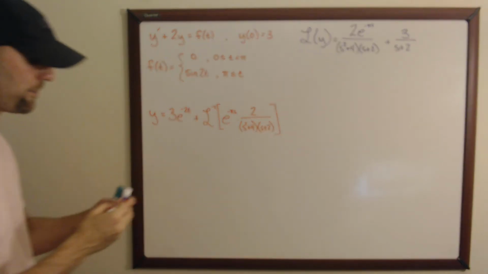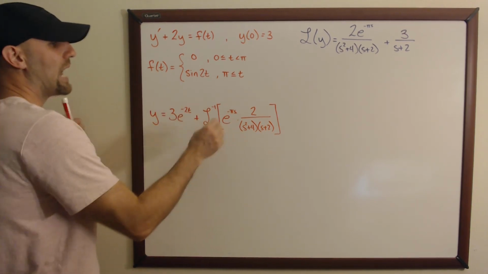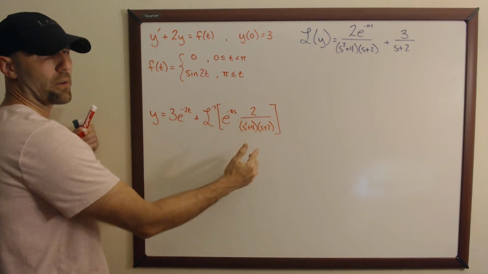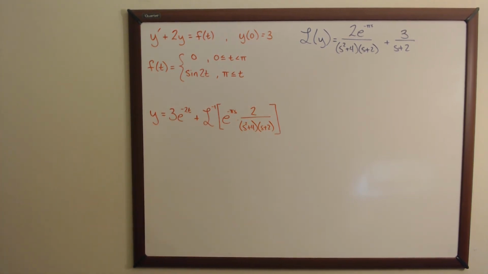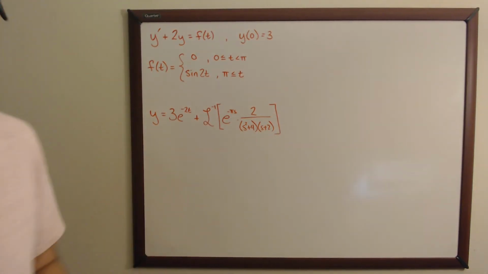Okay, now, for this, I need to use partial fraction decomposition to break this apart, right? So I'll break that apart. I'll use partial fraction decomposition. Okay. Let me go ahead and do that.